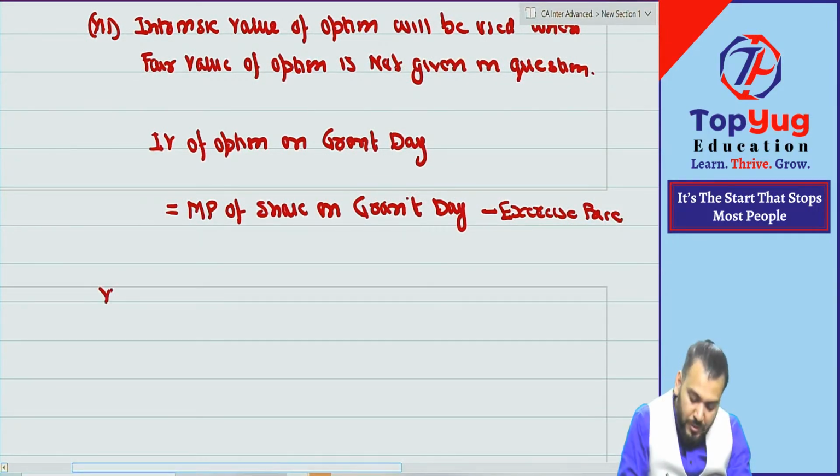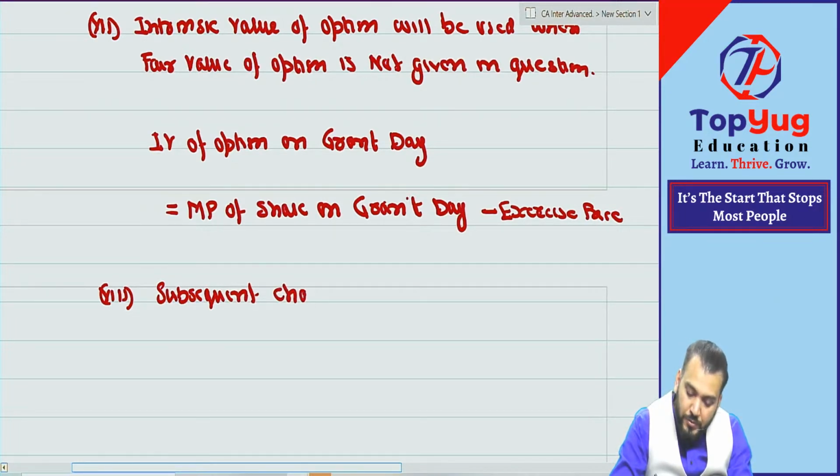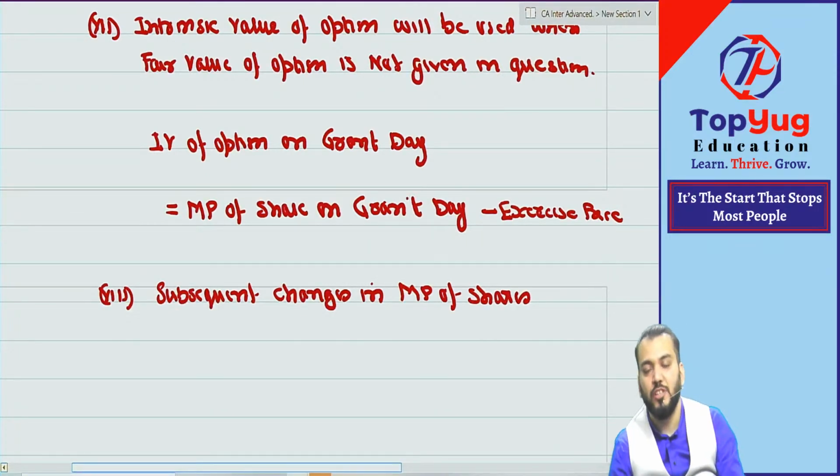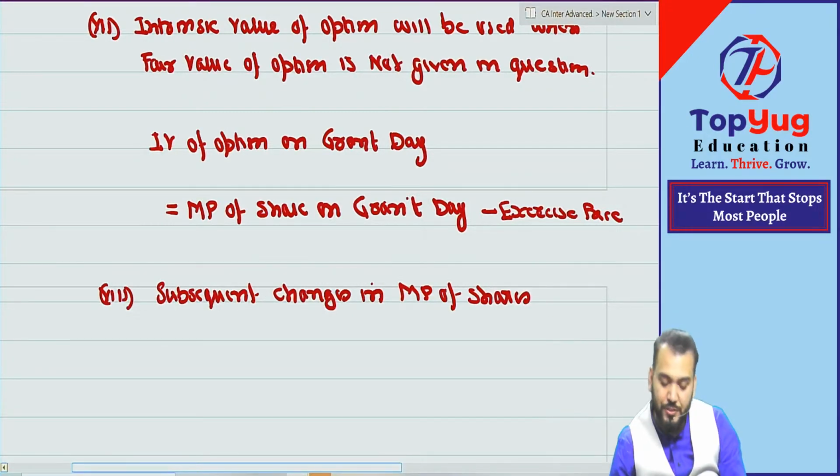Have you understood this point? Subsequent changes in market price of shares.